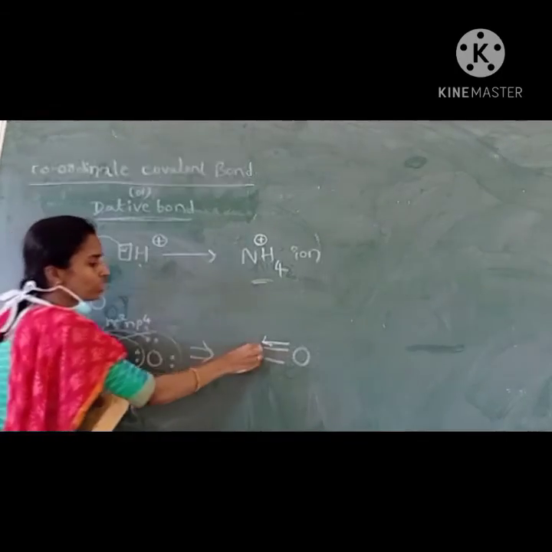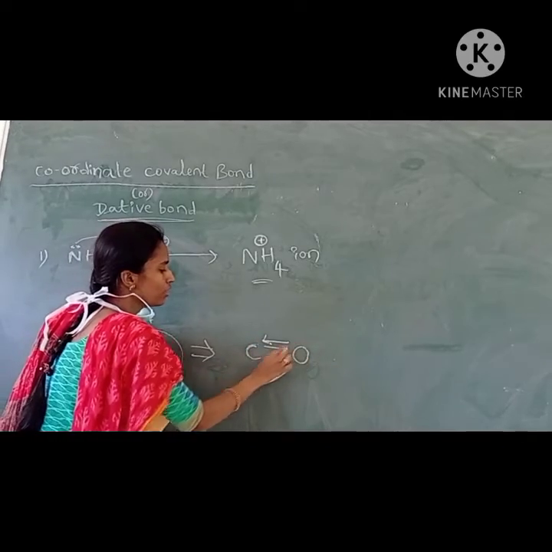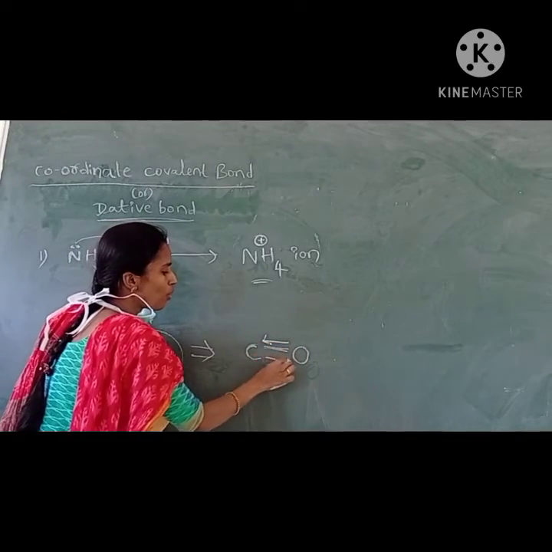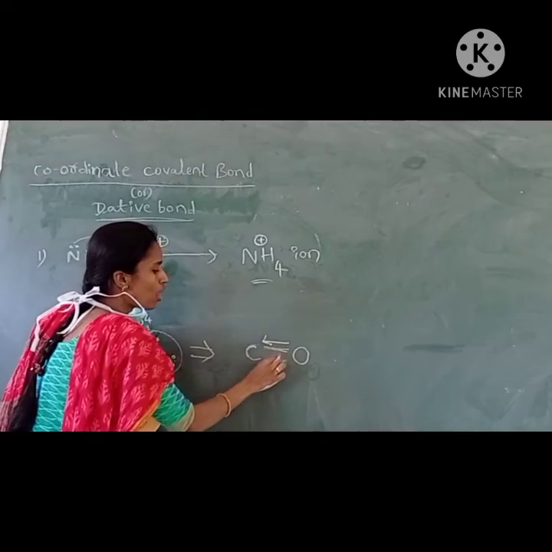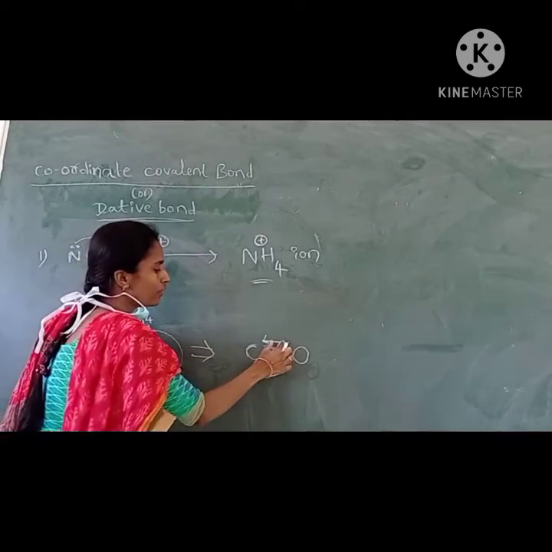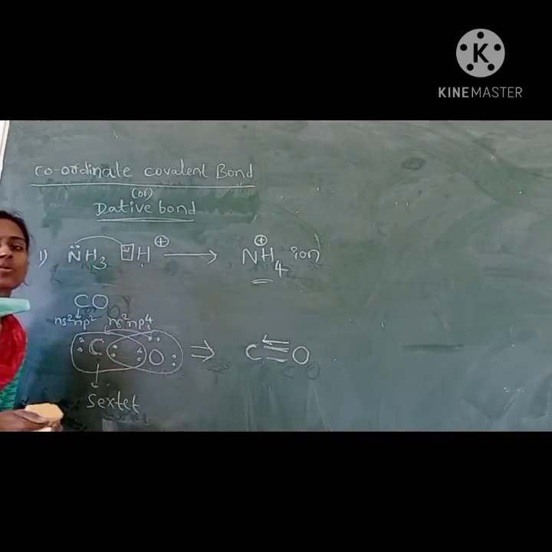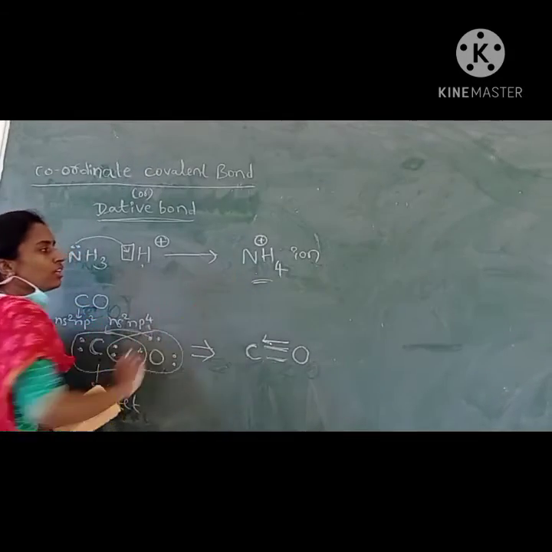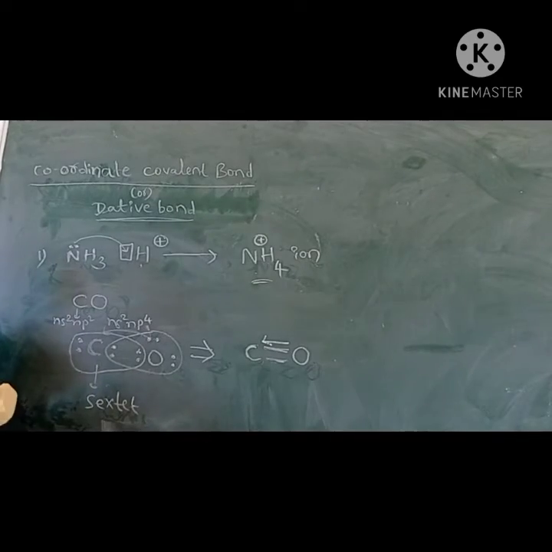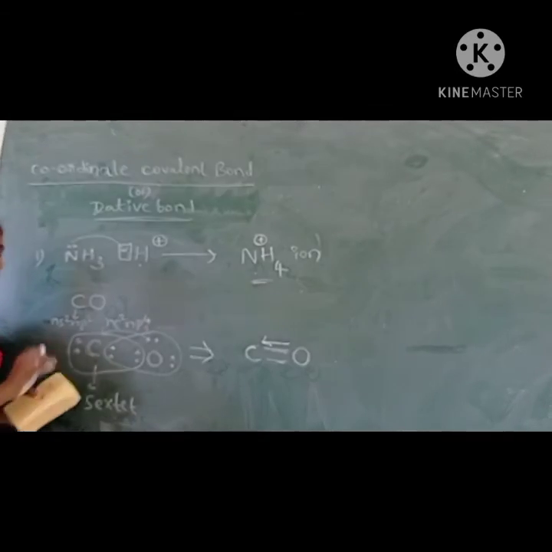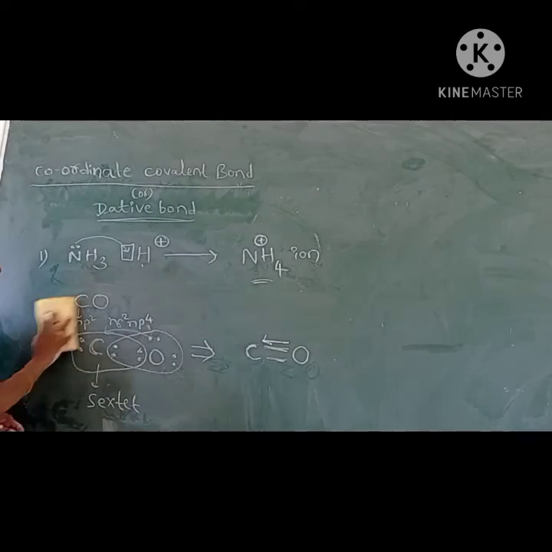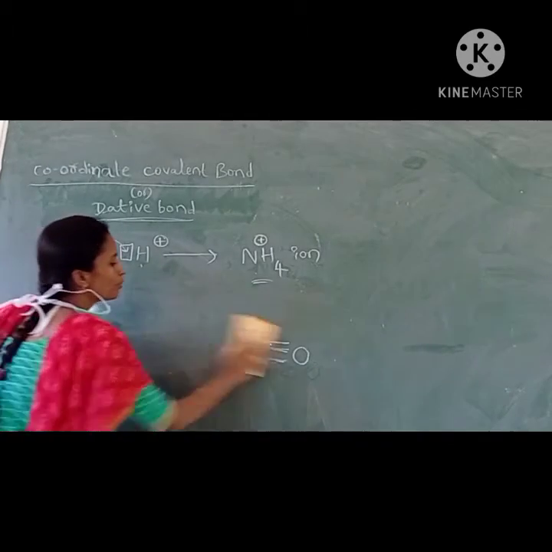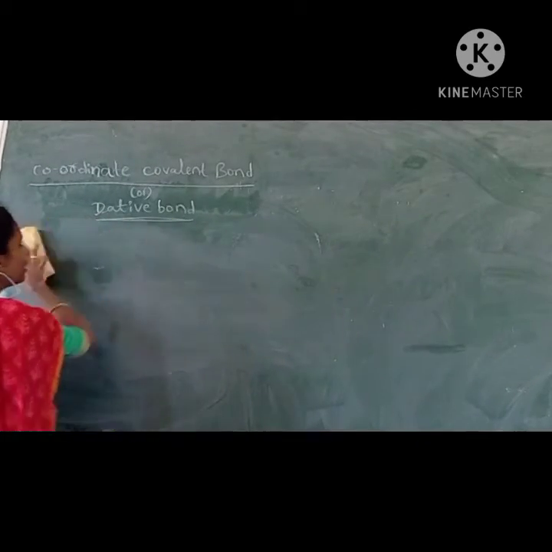That's why between carbon and oxygen there is a triple bond, in which 2 are normal covalent bonds and one is the coordinate covalent bond. These are the examples we have seen: ammonium ion, BF3 and ammonia, and carbon monoxide formation. These are some examples of coordinate covalent bond.